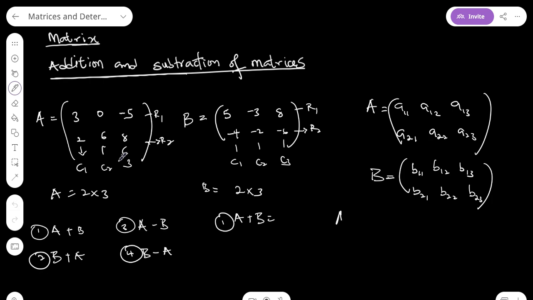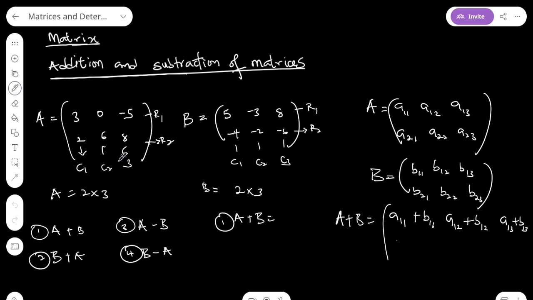So to add A plus B, you add the element of A in the first row, first column, with the element of B in the first row, first column, as well as the elements in the first row, second column, and the first row, third column.